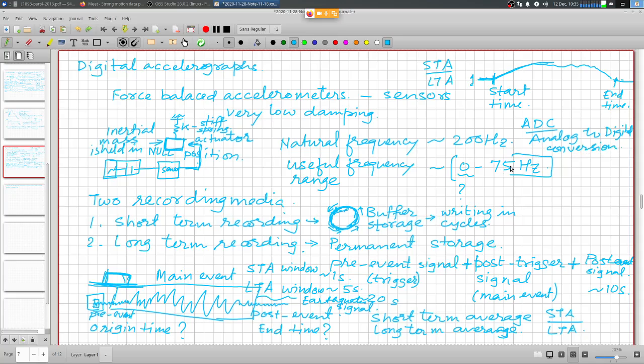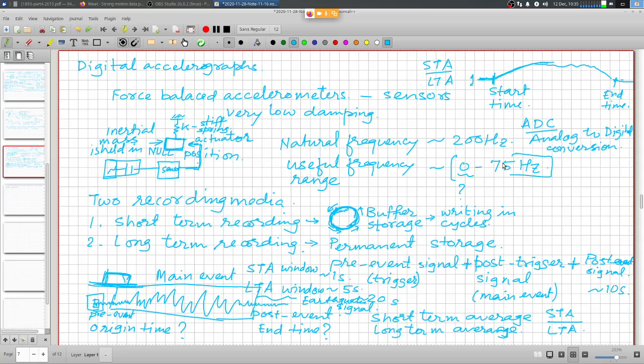And that's where this useful frequency range comes from, because I guess all of you are familiar with analog to digital conversion. The actual waveform is of course analog, but we are sampling it at discrete intervals. So the natural question arises, how frequently do we need to sample?